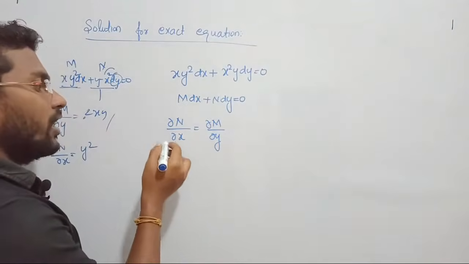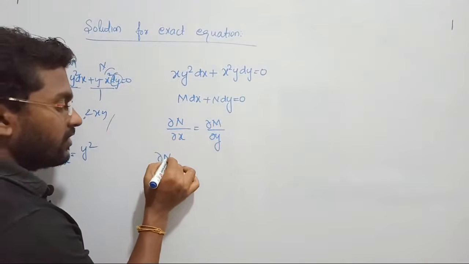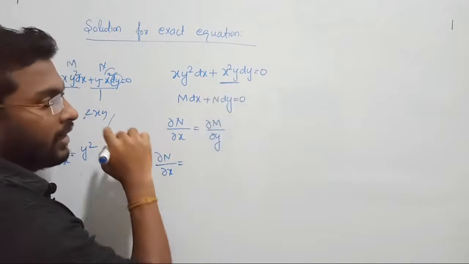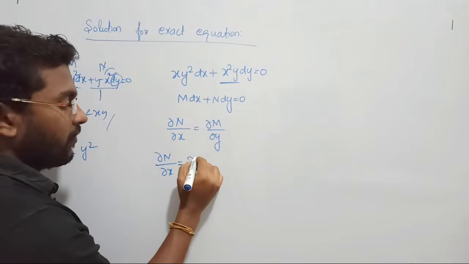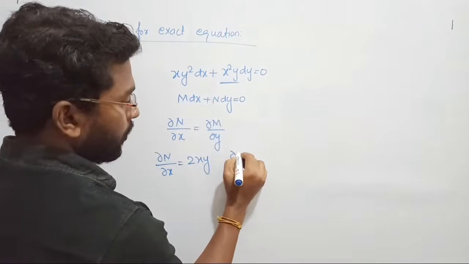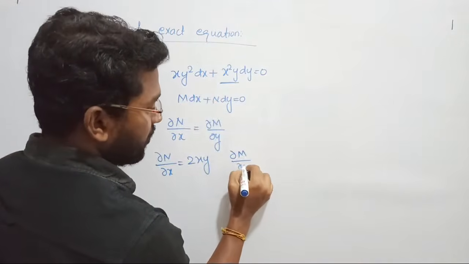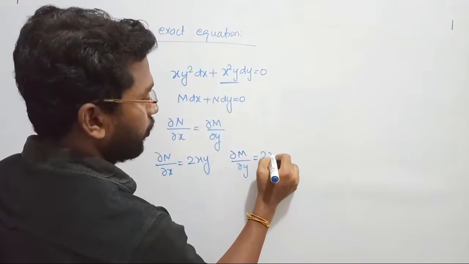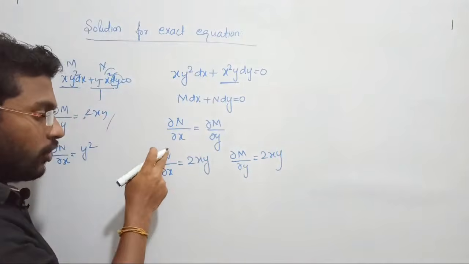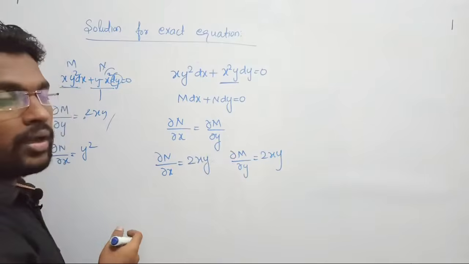Let us try and find the value of dou n by dou x. This is n, correct? X பொறுத்து differentiate பண்ணீங்கன்னா it will give you 2xy. Do you agree? Yes. This is m. Differentiate with respect to y, that will give you the value of 2xy only because y square will become 2y. Such that see there dou n by dou x, dou m by dou y both are equal right.